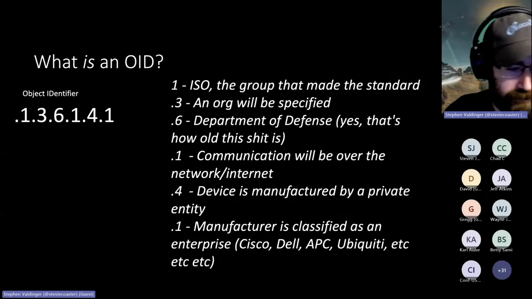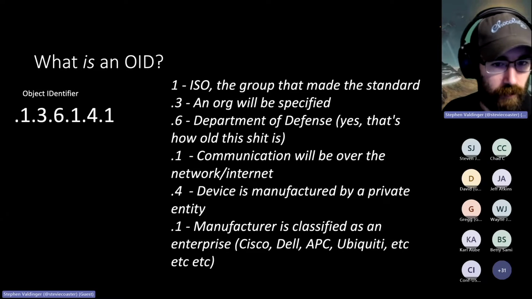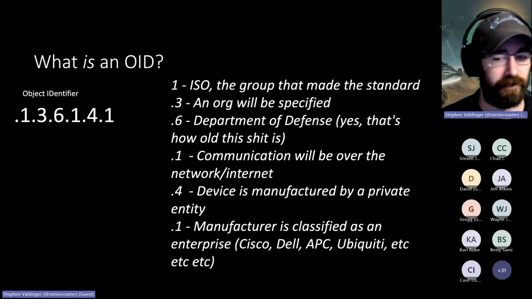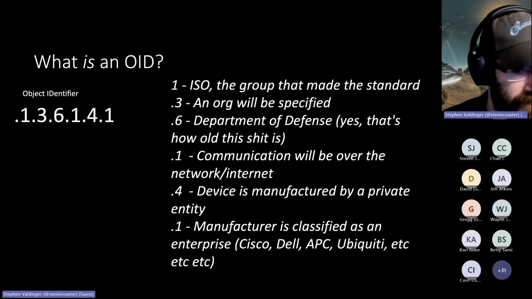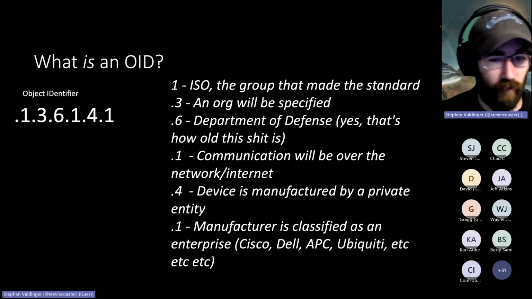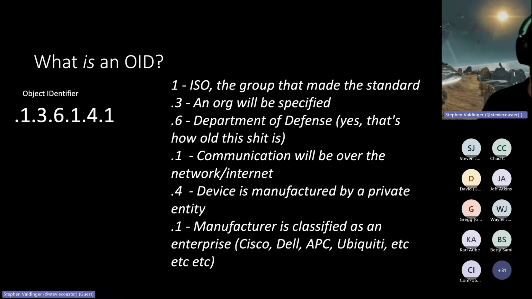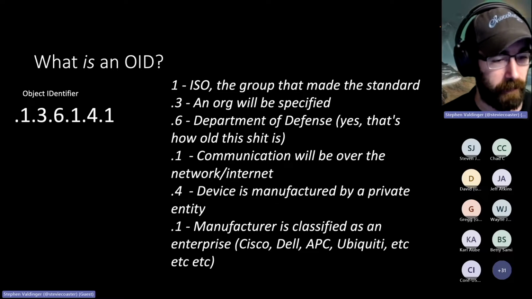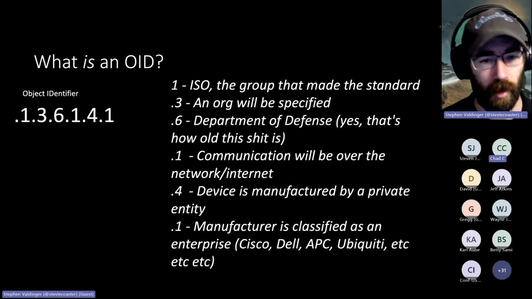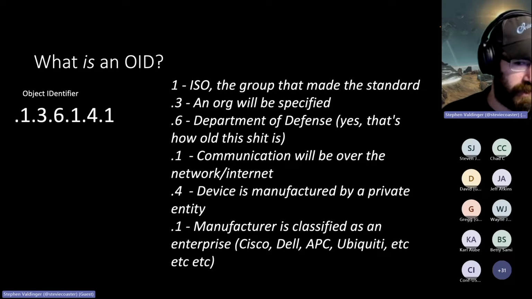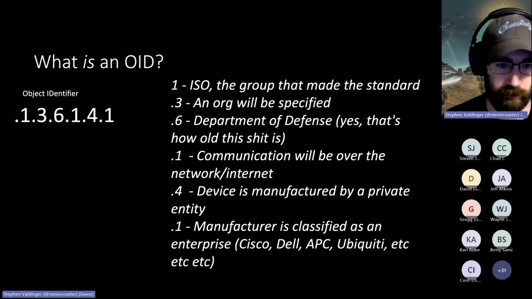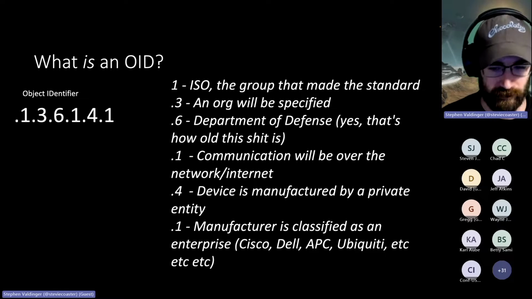When we start moving further down the OID, we can see that the dot one means it's going to be a network connected device, or an internet connected device. A dot four means that a private entity, a company, has manufactured that device. And then the dot one at the end means it's an enterprise, so a private enterprise that has manufactured this device.